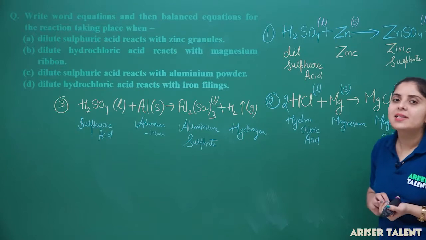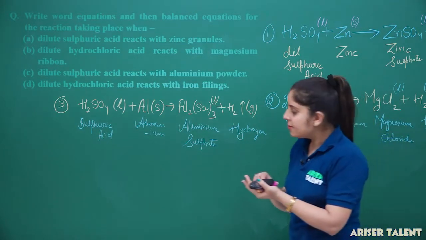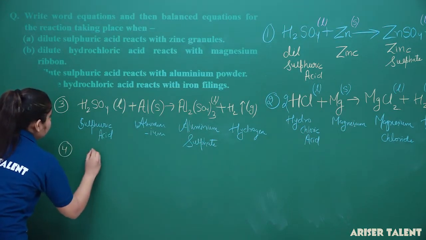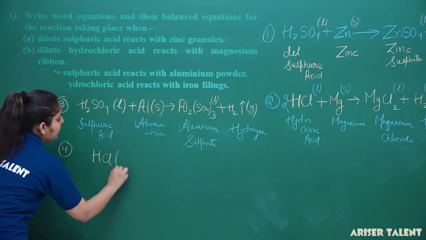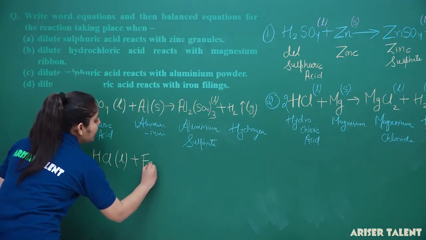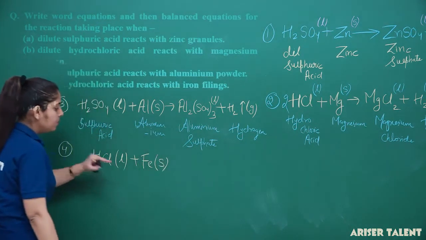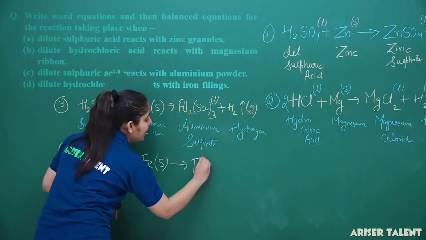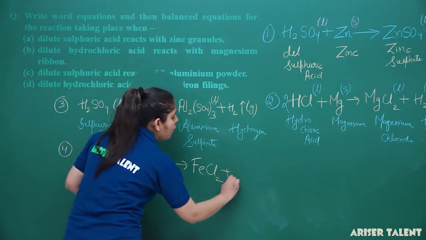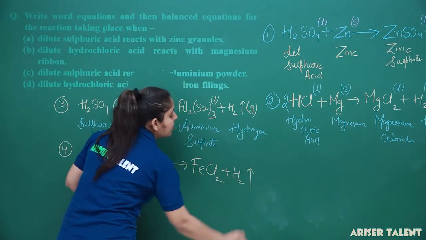Dilute hydrochloric acid reacts with iron filings. So our fourth question will be the same, that is hydrochloric acid in liquid form, reacting with iron filings. Iron filings is Fe, in solid form, and what will we get on the product side? We will get FeCl2 with the liberation of hydrogen gas again.